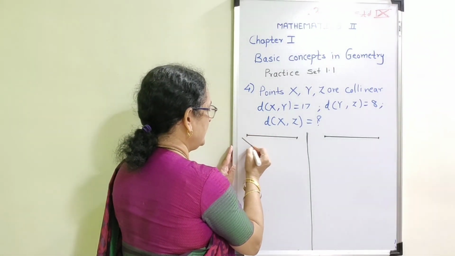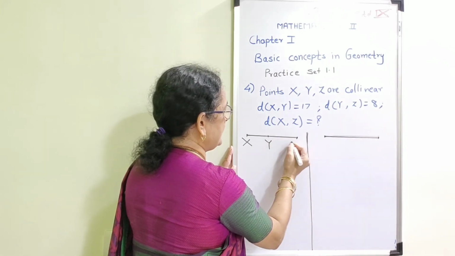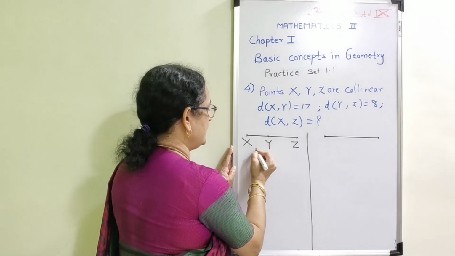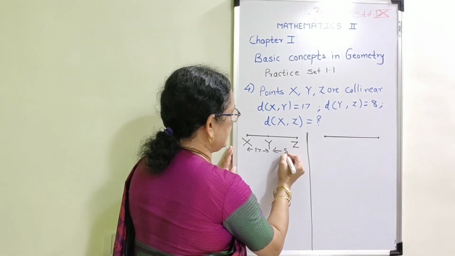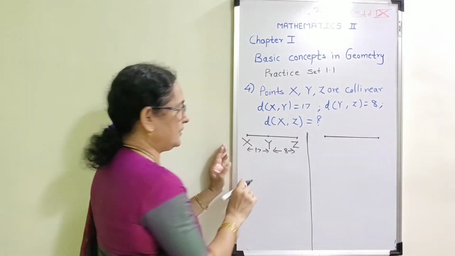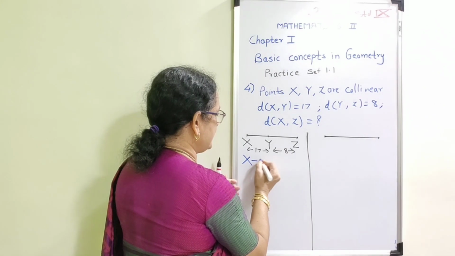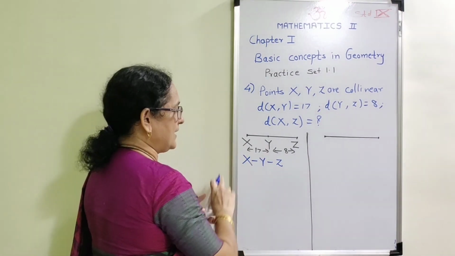First of all, X-Y-Z. XY is given as 17 and YZ is given as 8, and therefore we have this betweenness X-Y-Z, and we find out XZ.